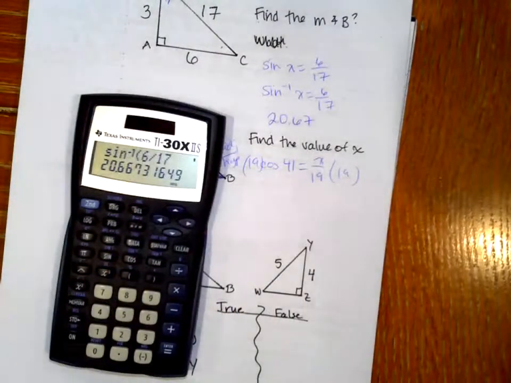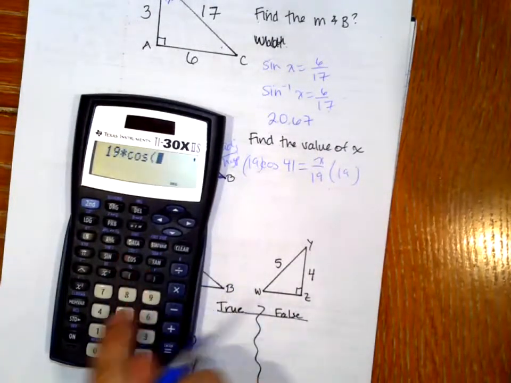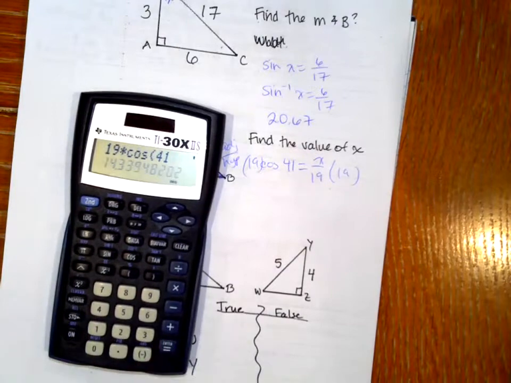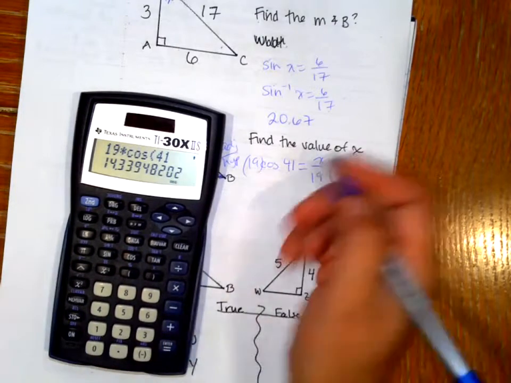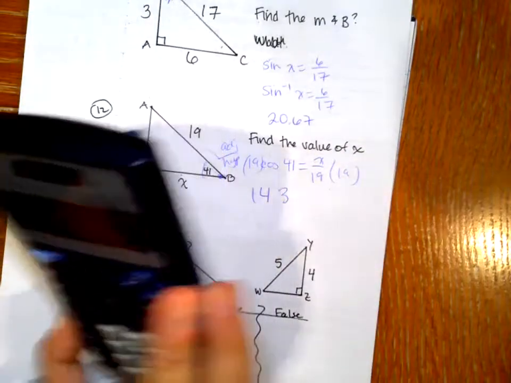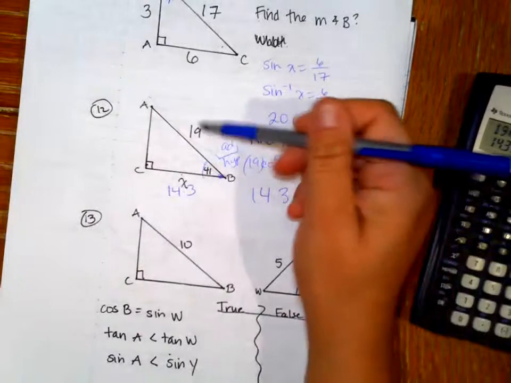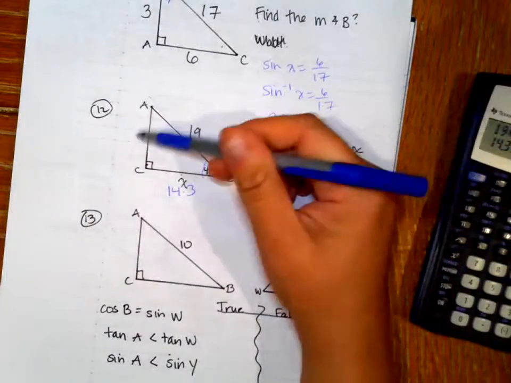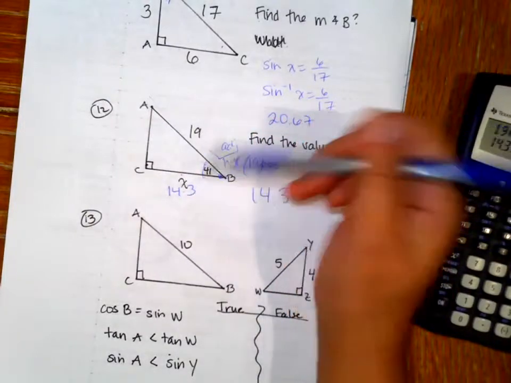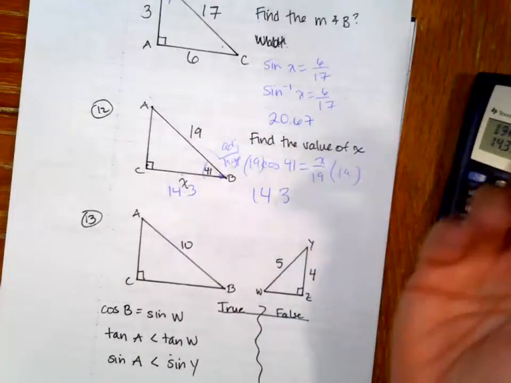With your calculator, 19 times cosine of 41 gets me 14.3. Okay, that is an appropriate number. Remember, my hypotenuse is the longest side, so anything else is going to have to be less. 14.3 is a good number.